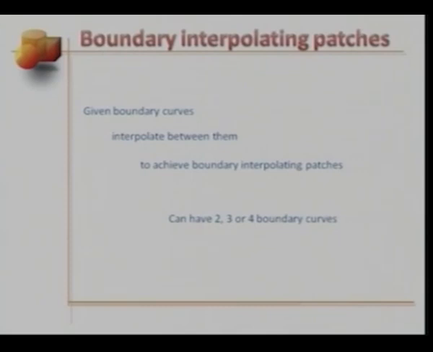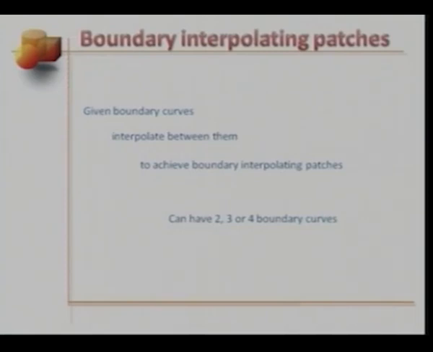One can have 2, 3 or 4 bounding curves. As you would have observed in case of Bezier patches or B-spline patches, the boundary curves in those cases are Bezier or B-spline curves themselves.